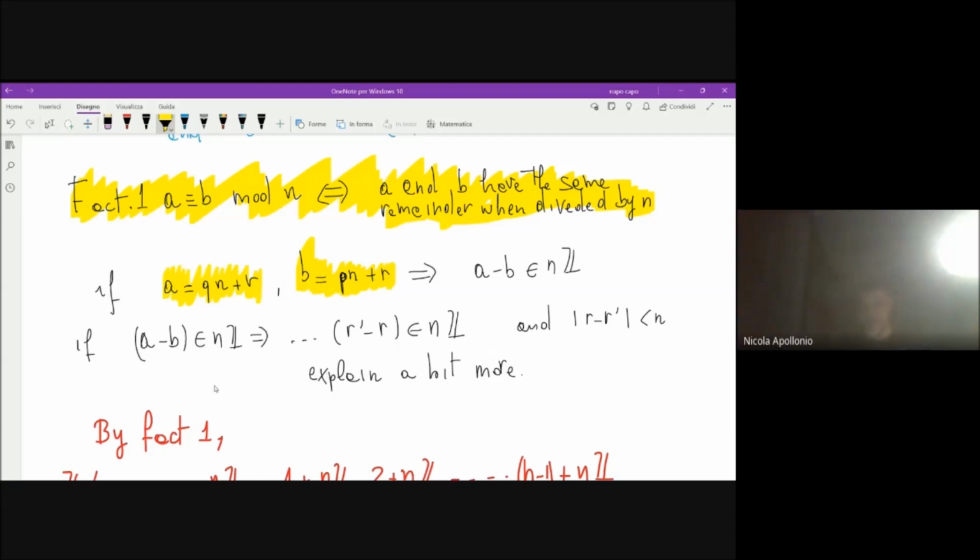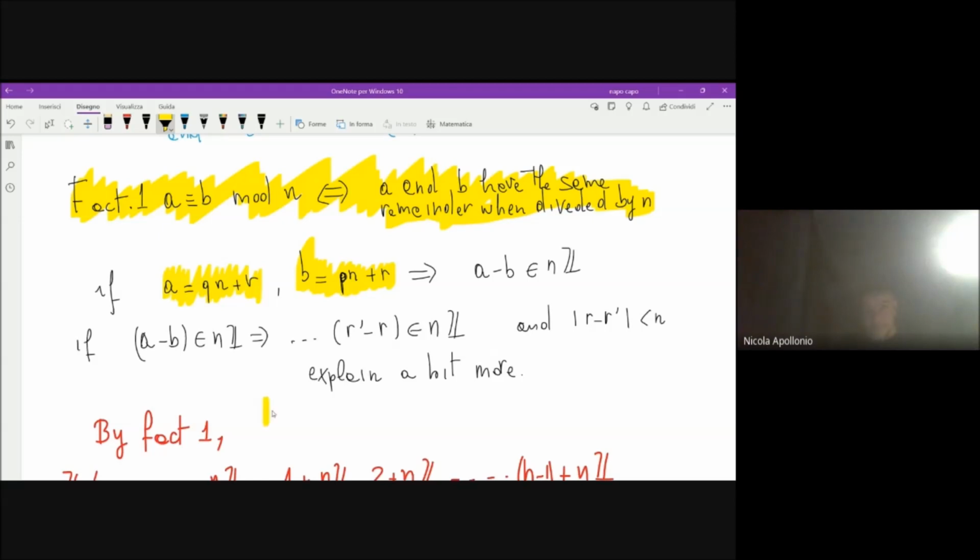We are assuming now that the two numbers A and B are congruent to each other modulo n, and we want to show that when divided by n, they give the same remainders, but we cannot write it directly because it's precisely what we want to show.